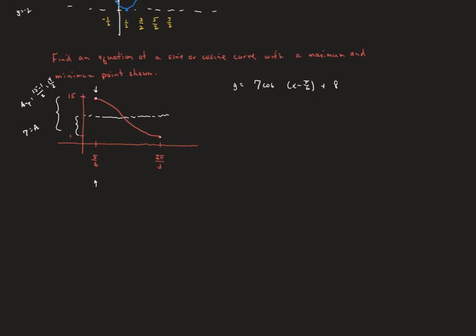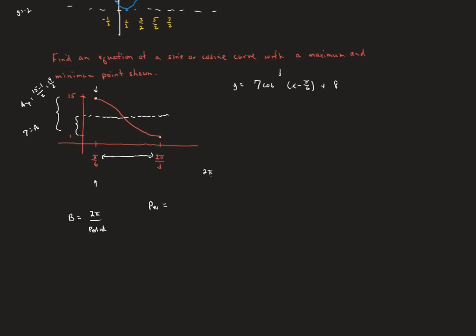And always the hardest part is figuring out what this b is right there. And so b, remember, is going to be our natural period, which is 2 pi, since we're in radians here, divided by our actual period. So we're going to have to figure out what our period is. So the horizontal distance between the high point and the low point, remember, is going to be half of a period.